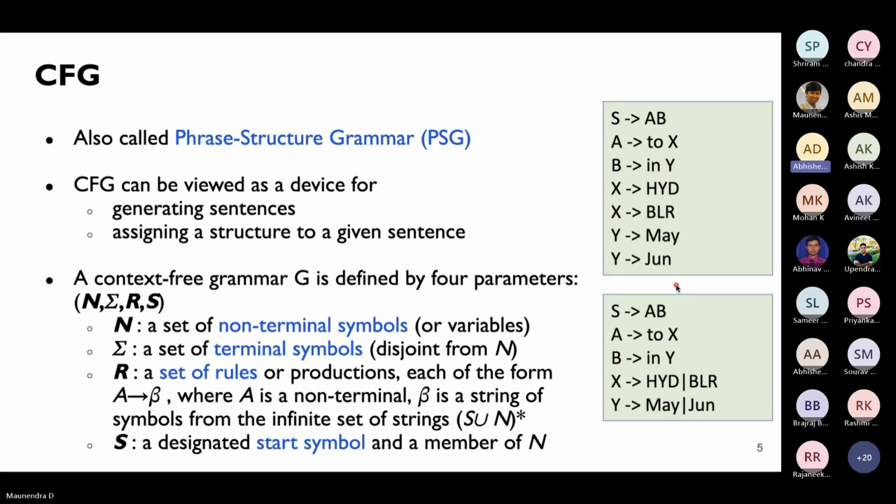But A is again expanded to X, right? So can we say that A is also a non-terminal? A is a non-terminal, yes. Okay, got it. And one question, N and sigma: one is the non-terminal set, and the other the terminal set. Yeah, got it. Thank you.